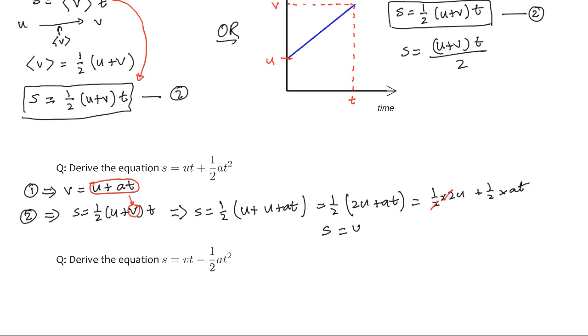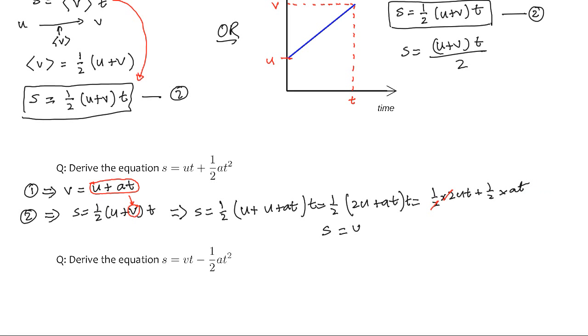Okay, I'm making some sort of mistake here. I forgot that I have to multiply by t. So sorry, I have to change this again. I had a t here, and then I still have a t here. So when I multiply by 2u, I get half times 2ut, and when I multiply at by t, I get at squared.